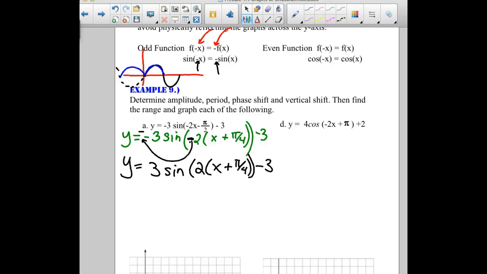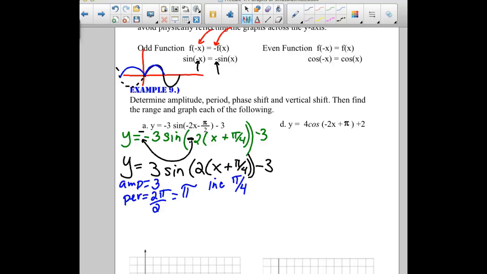Okay? So describe this graph to me. Vertical stretch of 3. Our amplitude is 3. Okay, so we stretched it vertically by 3. Then what? Very good. Period is going to be 2 pi divided by our b term of 2, or just 1 pi, which means increments are going to be pi/4s.